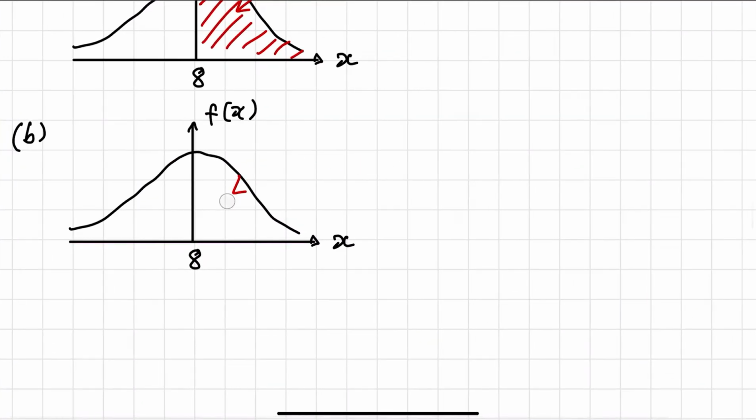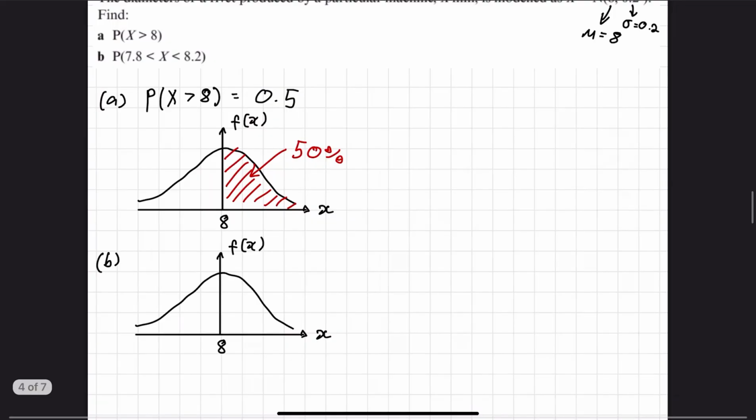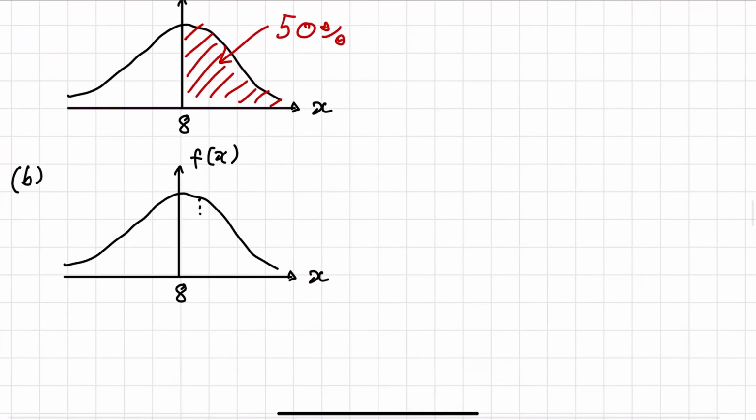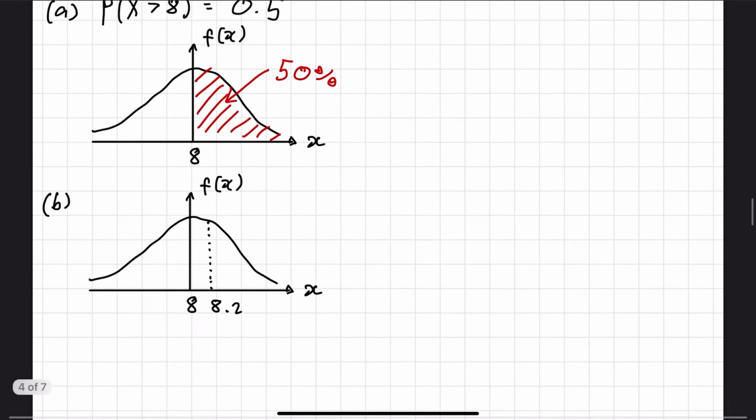Okay. So, the probability that x is between 7.8 and 8.2. Let's add in my 8.2, and let's add in my 7.8. So we're interested in this area over here.